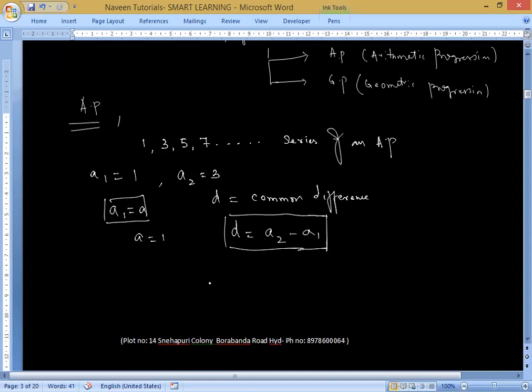If the series is given, then always we follow this method of writing. A1 is always considered as A, so A is equal to the first value, and D is nothing but the common difference. The D formula is A2 minus A1.